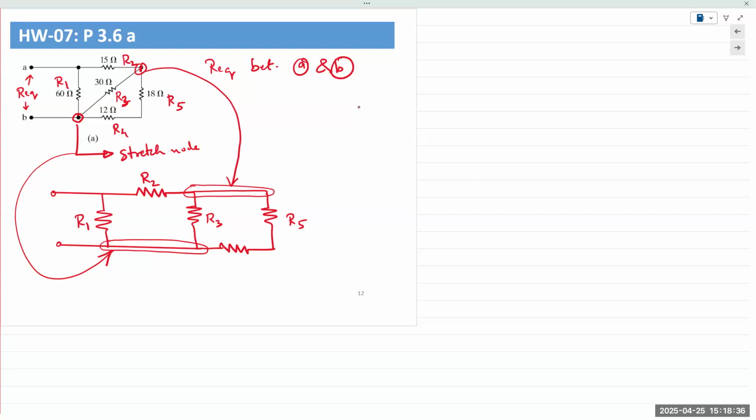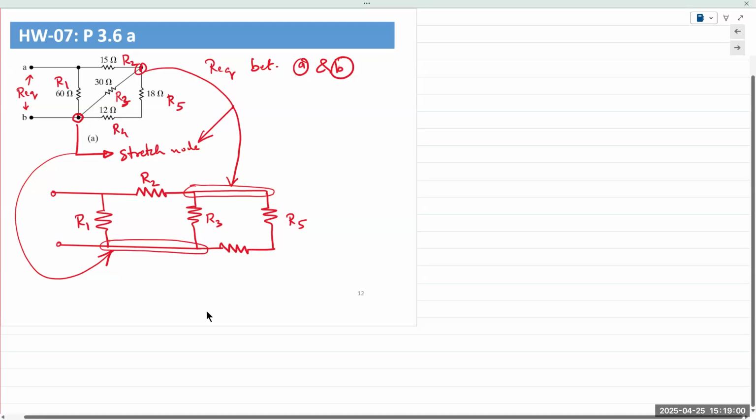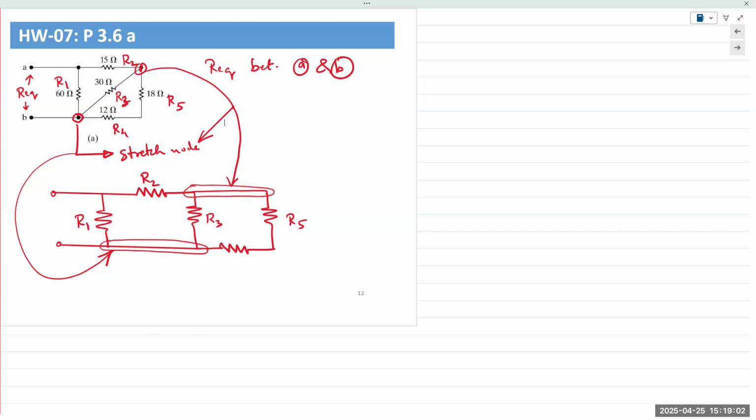Let me know if you have questions. So we stretch out both the nodes. So far, so good.